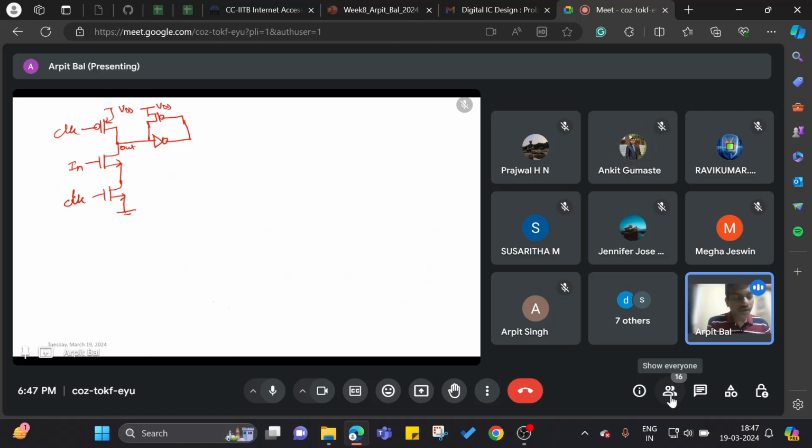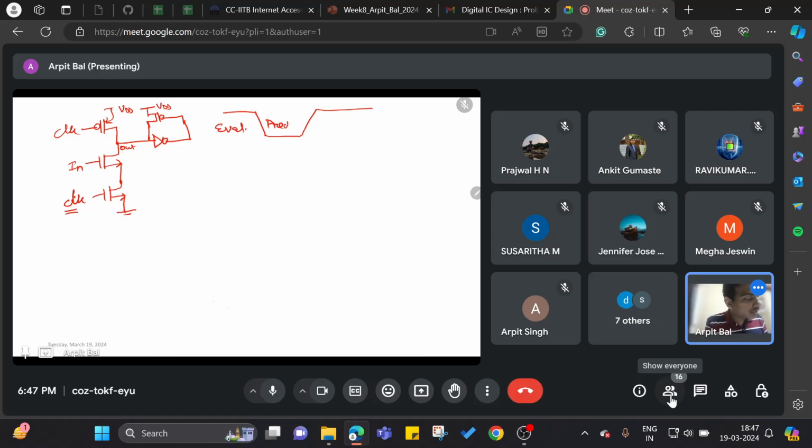Okay, and why not? Because NMOS will be off, right? Correct. So during the pre-charge phase, the NMOS is cut off as this clock is 0. So this is my evaluation phase.